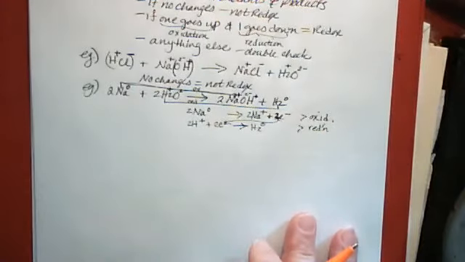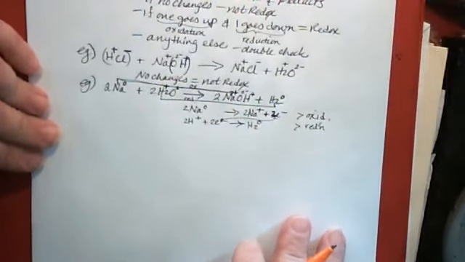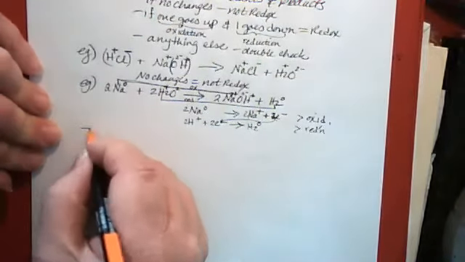Okay, and you can look at some more examples of things like that, but they're basically tracing out the same path. Find the oxidation state for each atom of each element and see if it changes or not when you get to the products. And that way you can find if it's an oxidation or reduction.